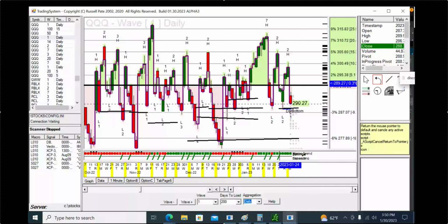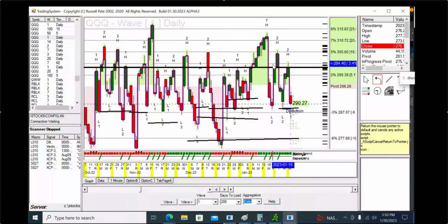I'll take that pivot line and just move it up like that, and then I'll look across here and see my prior highs. Those highs are defining tops across there, and I know that if it can break, we can get one of these rockets through there.